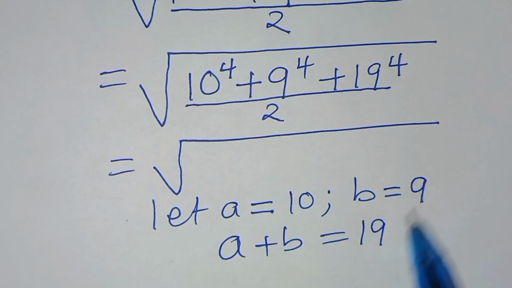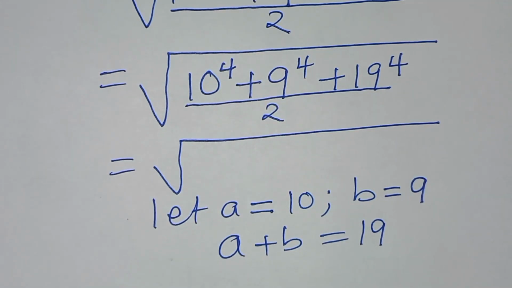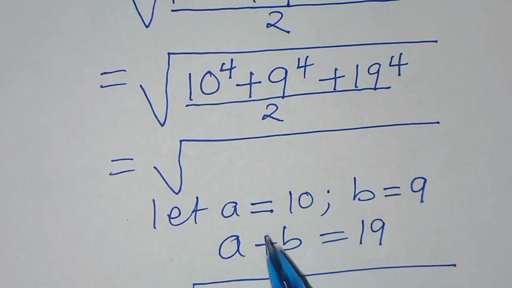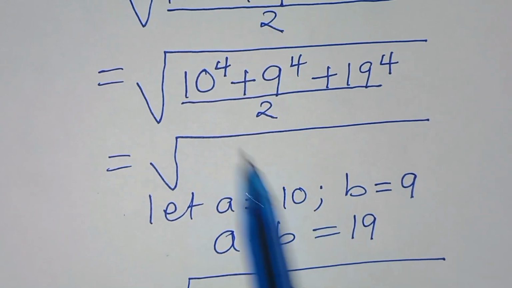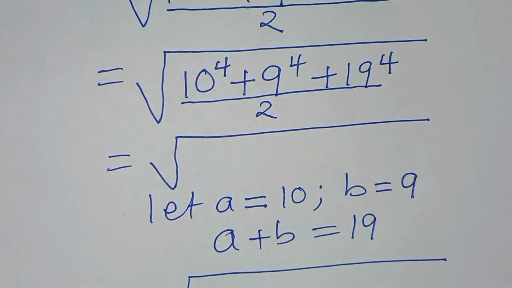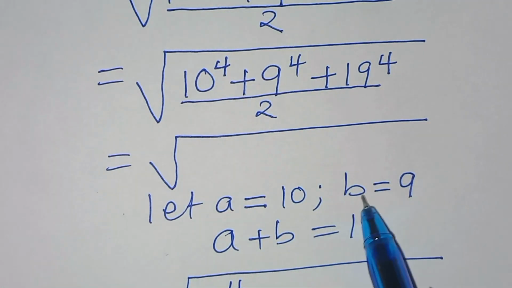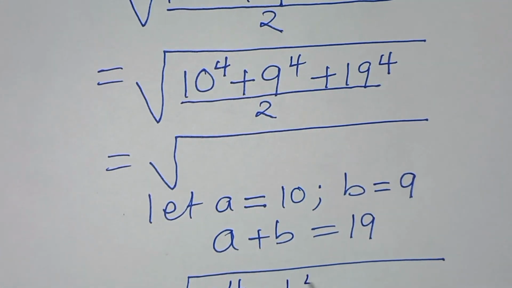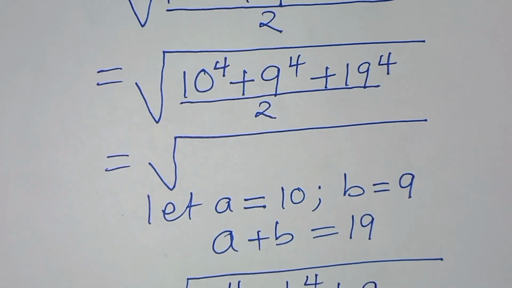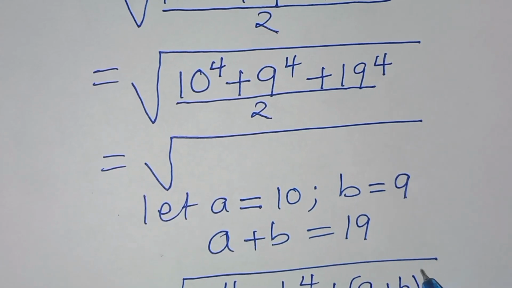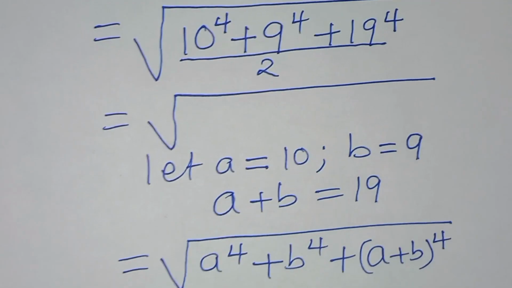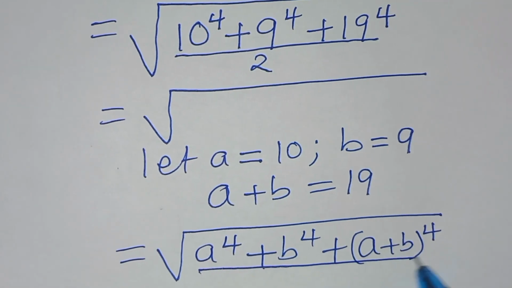So let's substitute this so that now we'll have the square root of A to the power 4 plus B to the power 4, since 9 to the power 4 is B to the power 4, then plus A plus B raised to the power 4, everything here divided by 2.